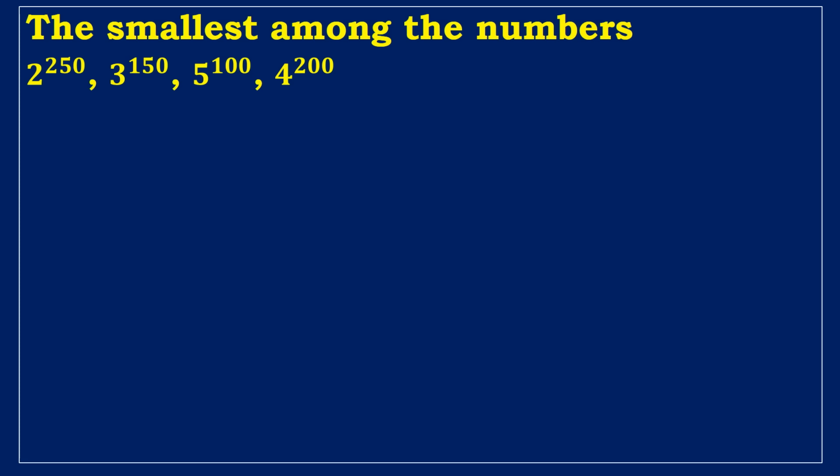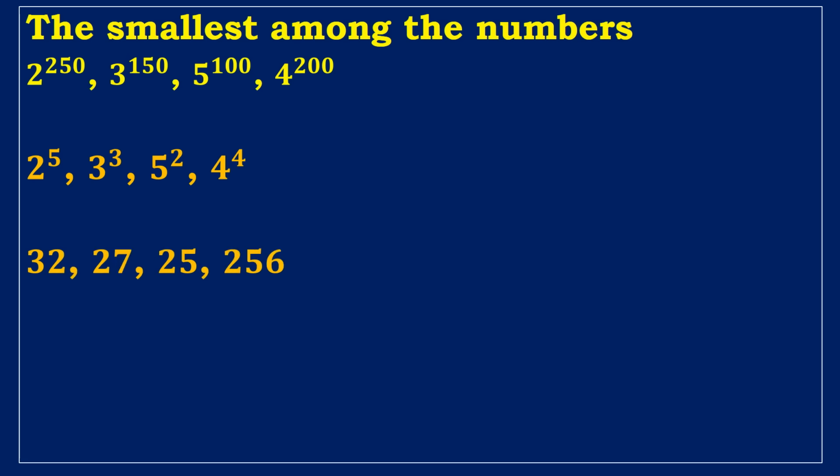When the power of given numbers is divided by 50, the numbers become 2 power 5, 3 power 3, 5 power 2, 4 power 4, and the results are 32, 27, 25, and 256 respectively. Therefore, the smallest value among these numbers is 25, which corresponds to 5 power 100.